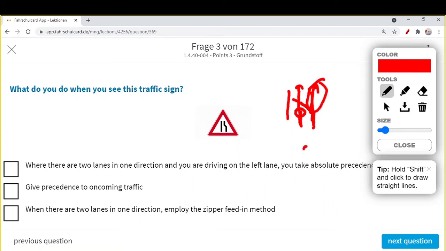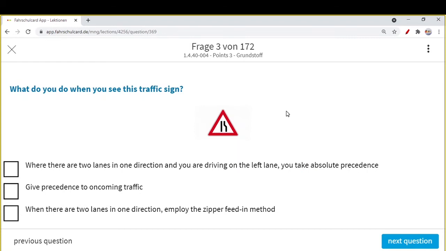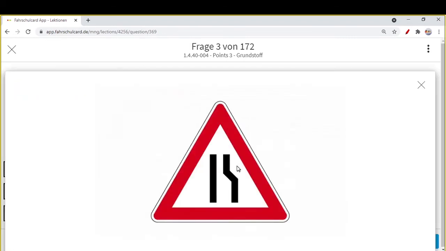So what you will do, you are traveling on this road, and another vehicle coming from here wants to merge in your lane. Then you need to give space to them. The car before you will give space to the vehicle before this one. So a kind of zipper method, like a zip, normally we call it. So it is this kind of method which is used. If you see here a lane is going to end, then you have to use the zipper method.